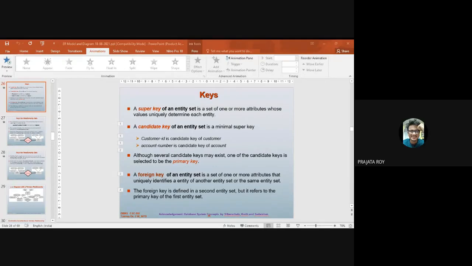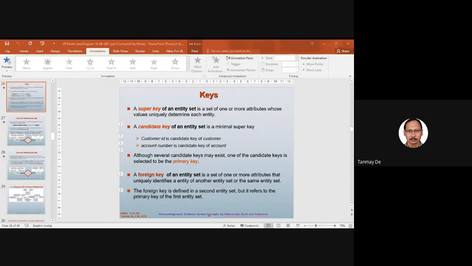Now the next one is the foreign key. A foreign key of a particular entity set is the set of one or more attributes that uniquely identify the entities of one entity set as well as the entities of another set.